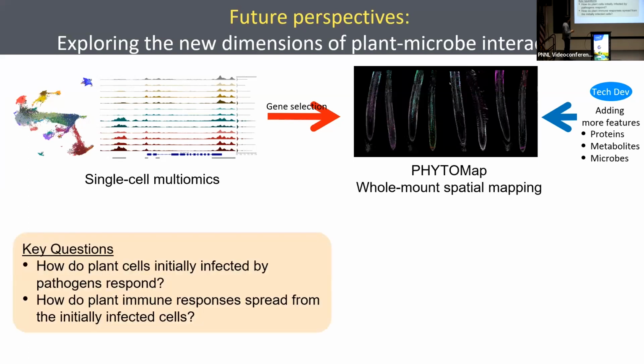Some of the high priority questions in the next few years will be, how do plant cells initially infected by pathogens respond? This is a very simple question, but we still don't know. Probably the next question is, how do plant immune responses spread from these initially infected cells to the neighboring cells?